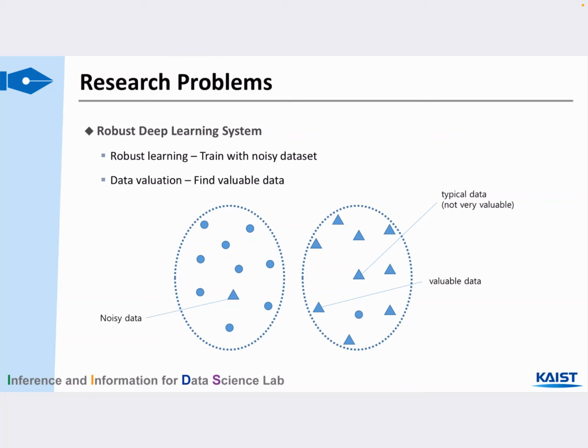Also, in many cases, datasets are not uniform and there exists some class of data that does not appear as often in the dataset compared to the others. In this case, a deep learning system cannot learn about this feature well because it may be considered as noise. So we apply a data valuation algorithm first to distinguish the data points that do not appear often, and change the learning algorithm according to the value of each data.